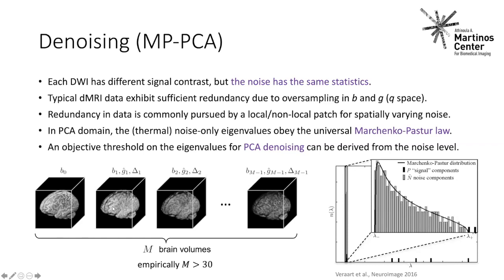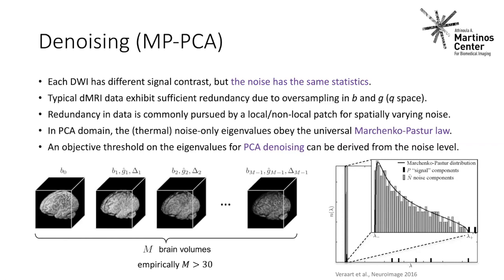For example, we have a b0 image and multiple DWIs. Here we show M brain volumes in total. Then for one specific voxel, we can get a 2D or 3D patch around the voxel in the b0 image and all the DWIs. And then we can perform the singular value decomposition, or we can use PCA, principal component analysis.